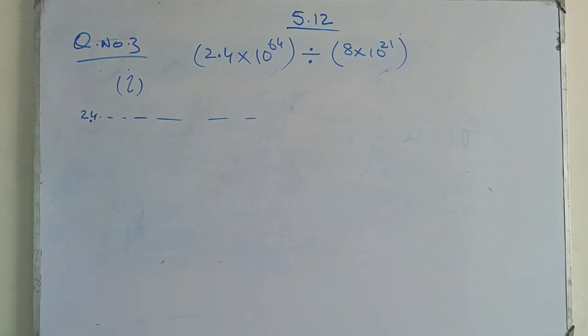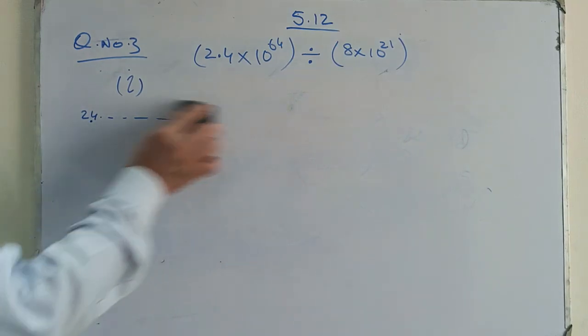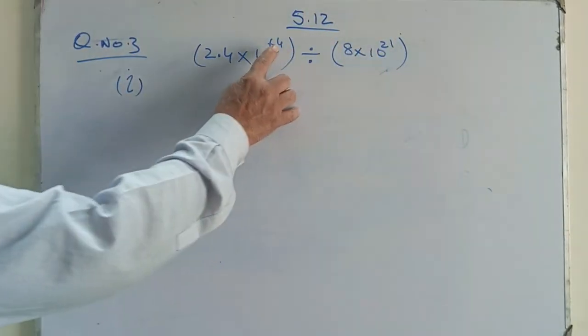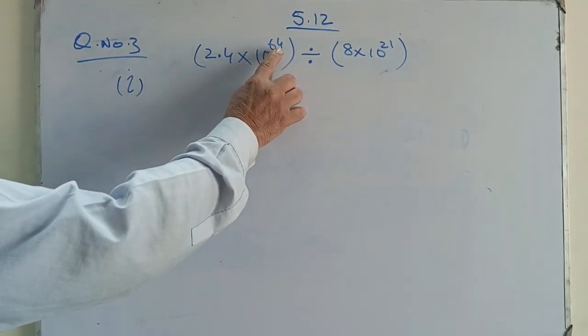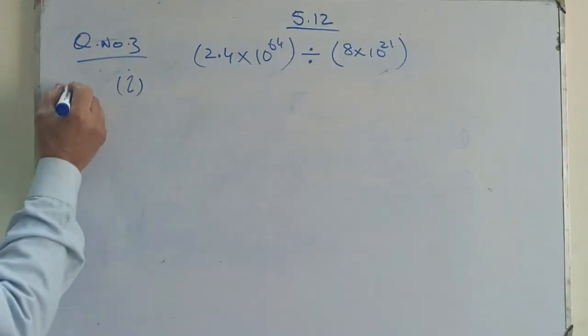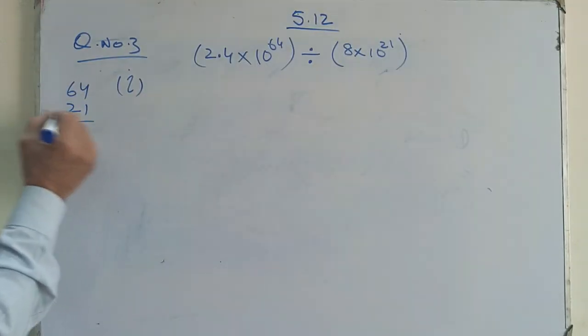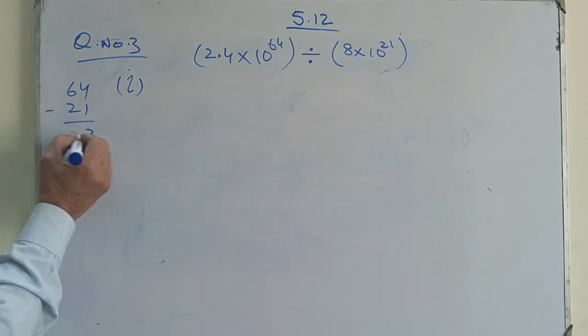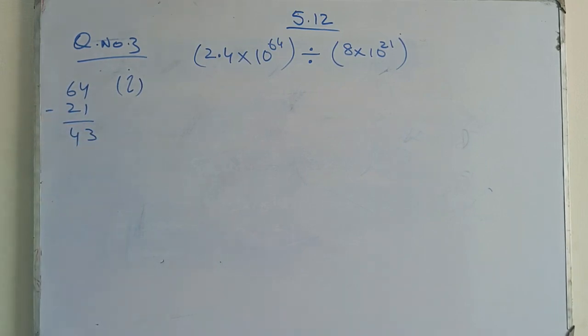So, okay, let me attempt directly. 21 has to be subtracted from 64. 64 minus 21, it will become 43.